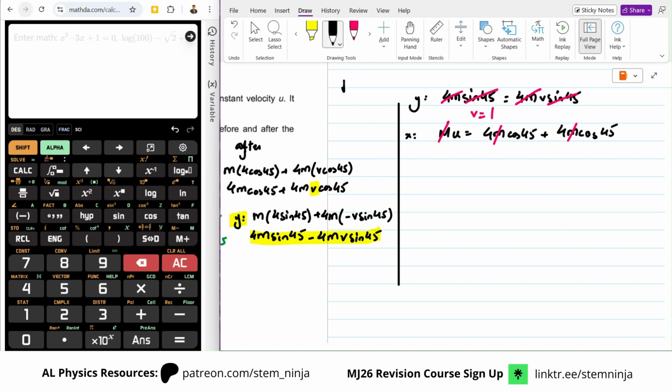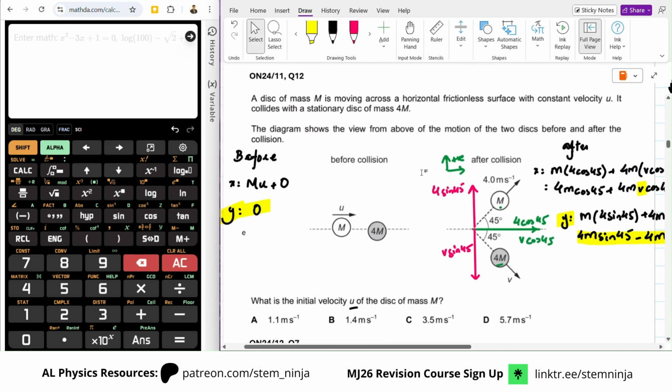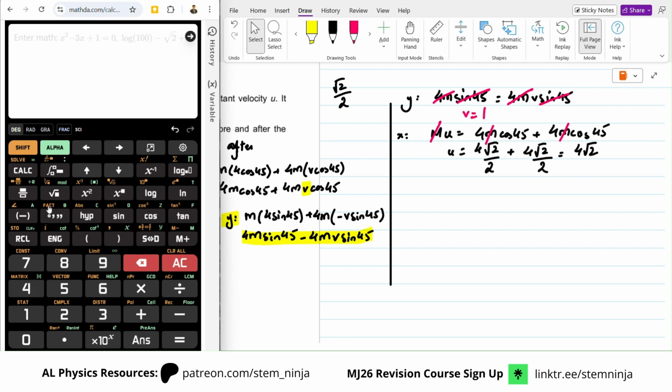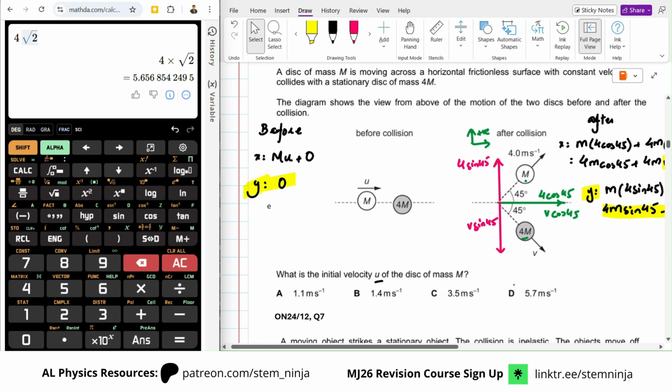Cos 45 is basically root 2 over 2, and so is sine 45. So u is 4 root 2 over 2 plus 4 root 2 over 2. So this becomes 4 root 2. So we just need to figure out what this value is. So 4 root 2, this is 5.6.